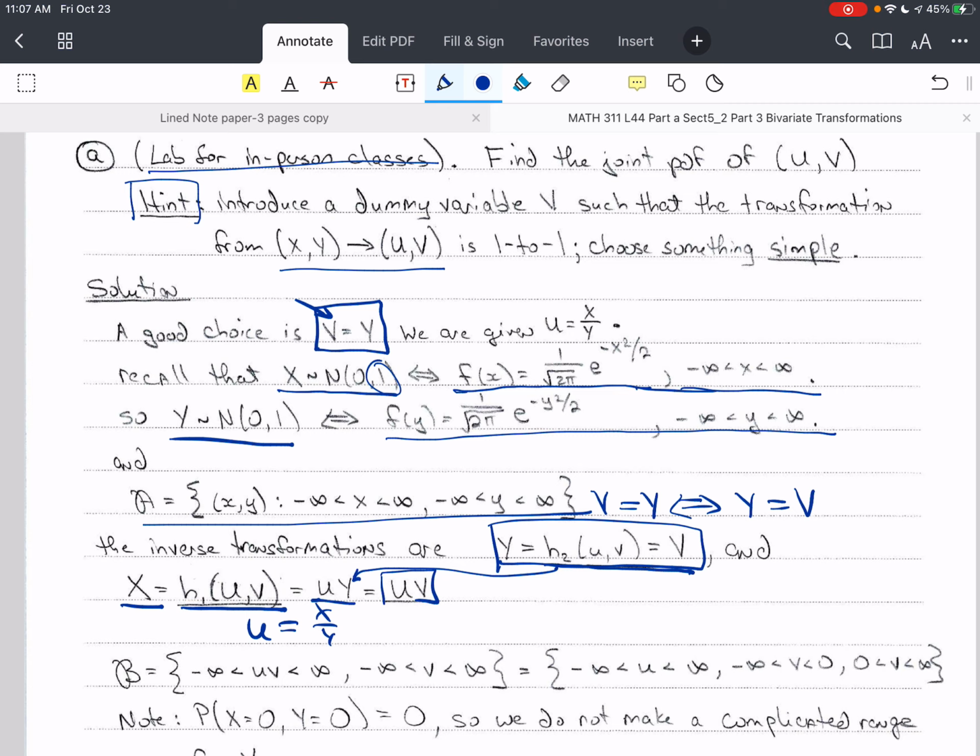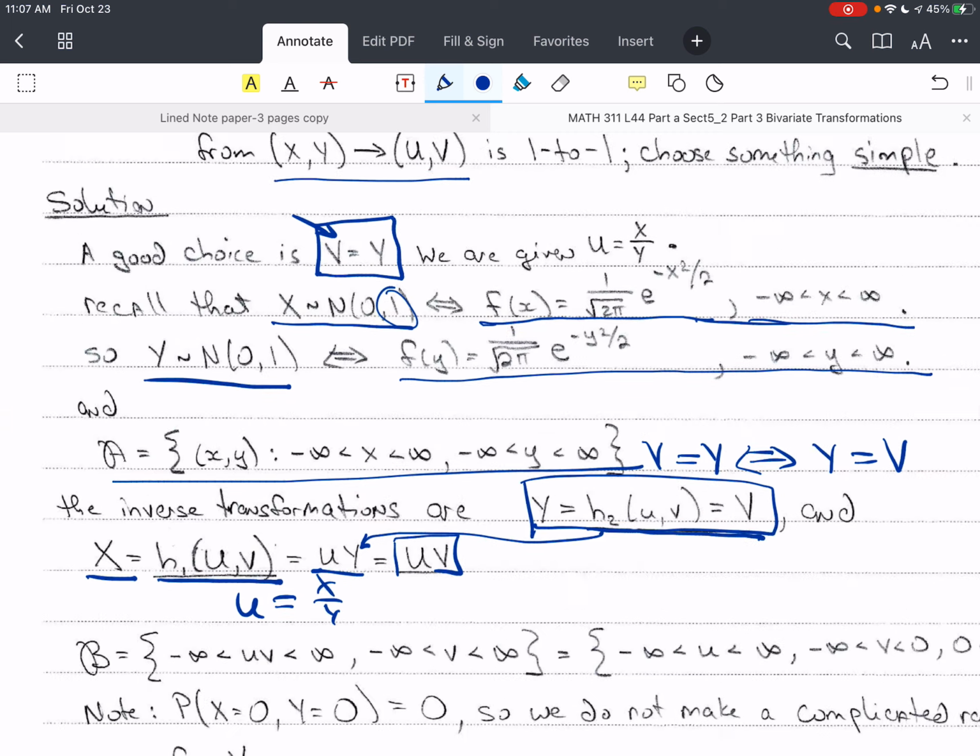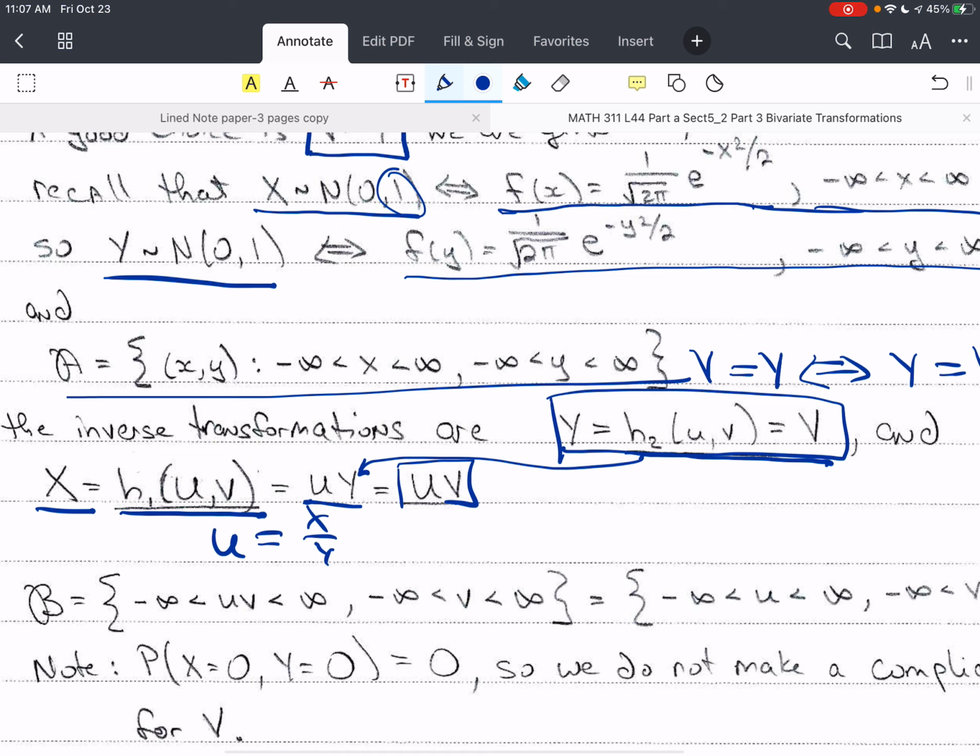Now, where it becomes tricky is finding the joint range of u and v. What I've done here is take x and plug in its inverse transform, which is uv, and for y, I've plugged in its inverse transform, which is v. Well, y is simple, it's done. But to get u by itself, we need to divide by v in this expression.